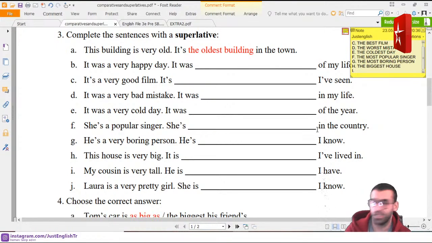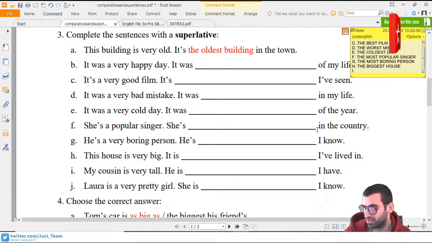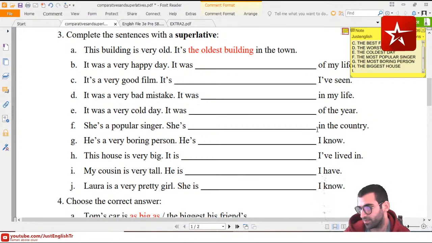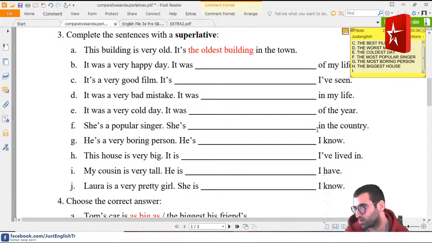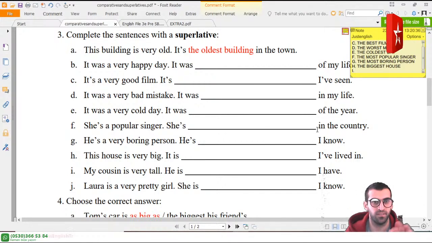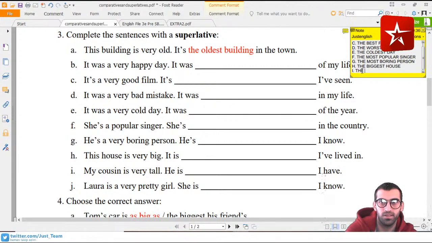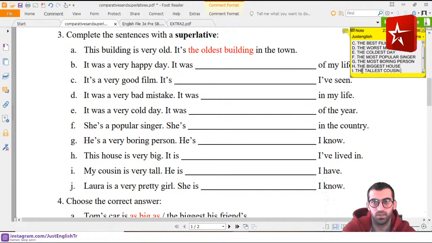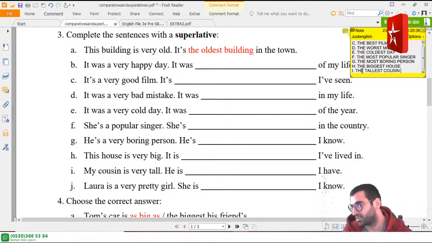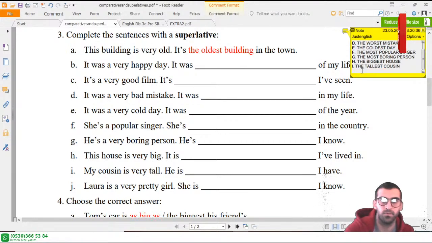I will wait for your comments, and then we will continue with next sentence. Yes, the tallest cousin, just only Mehmet Olkaç and Ozan Uludağ. Yes, my cousin is very tall. He is the tallest cousin. Yes, the cousin I have. Yeah, the tallest cousin is a correct answer for I.